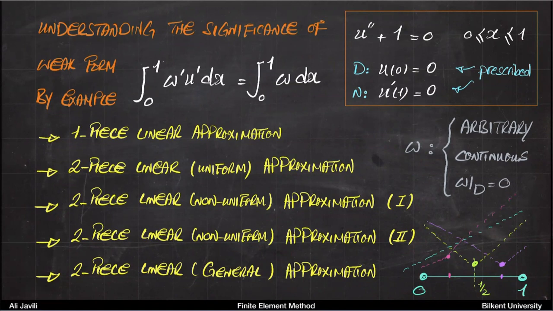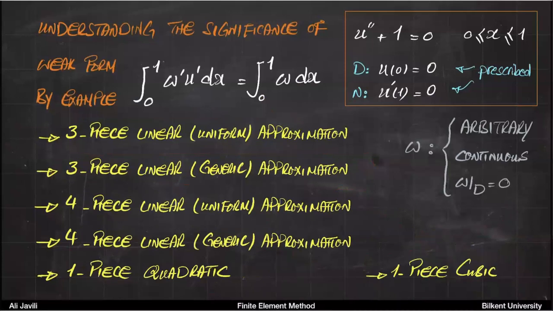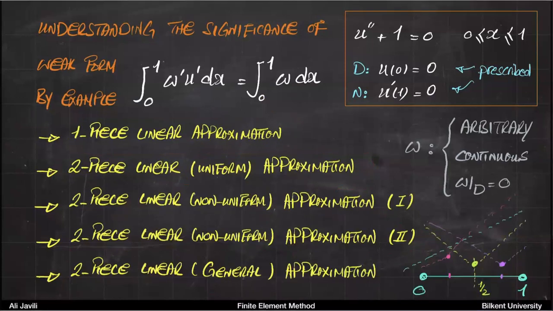Remember, we had this example and we did, for instance, one-piece linear approximation and two-piece and so on. So we want to do three of them actually: one-piece linear, two-piece uniform linear, and also one-piece quadratic. So we just do three examples now, but we do it in our new way.